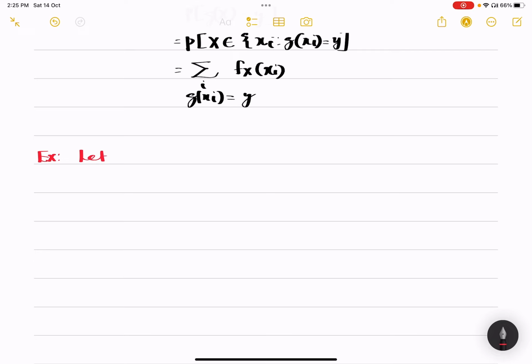Let x be a random variable which can take the values 1, 2, 3, etc. up to n, with fX of k equal to 1 by n. What is this?